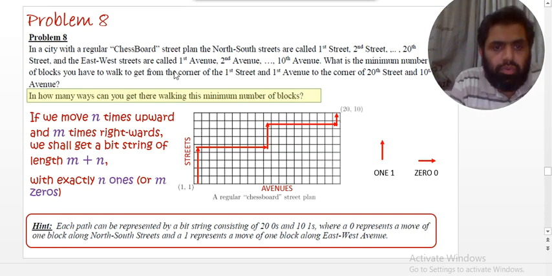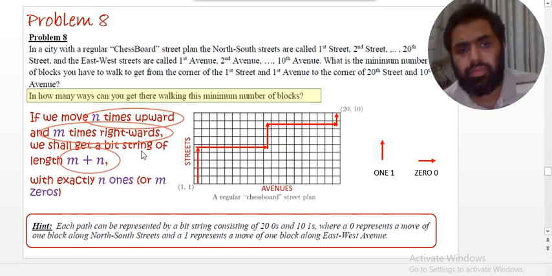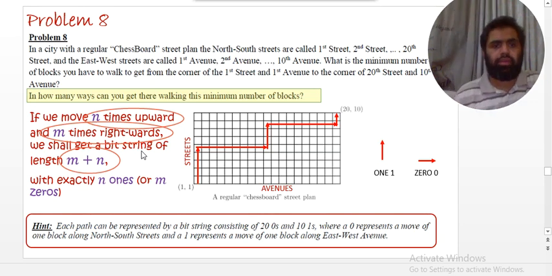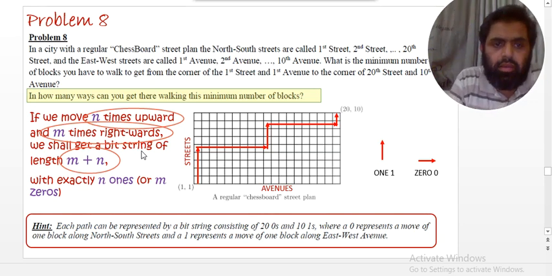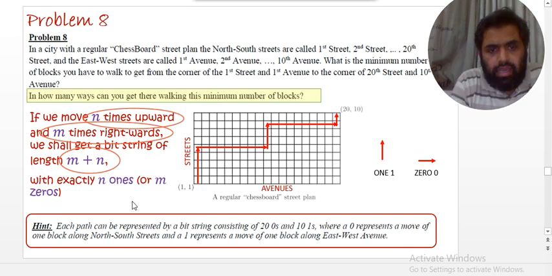In general, if we move n times upward and m times rightward, I will get n ones and m zeros. So I will get a binary string whose length is m plus n, in which I have exactly n ones and m zeros.